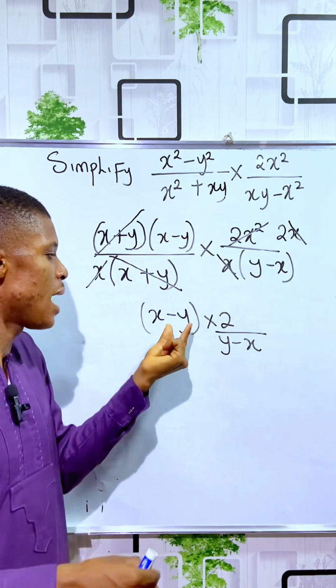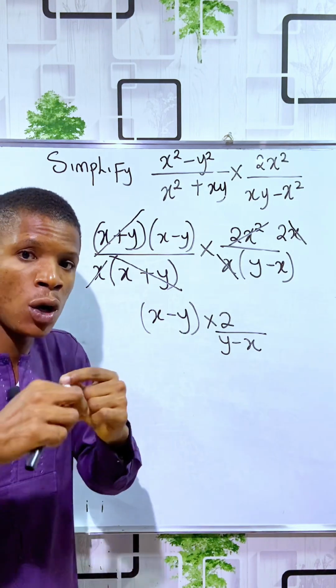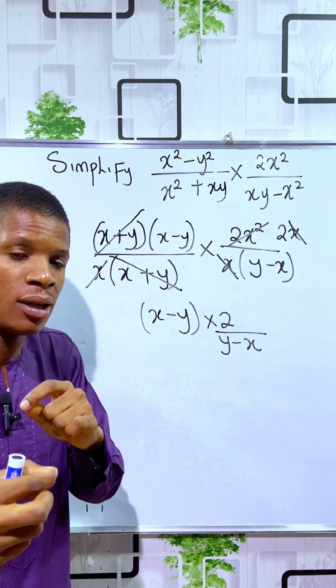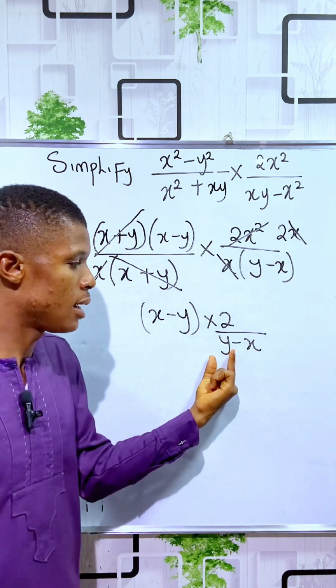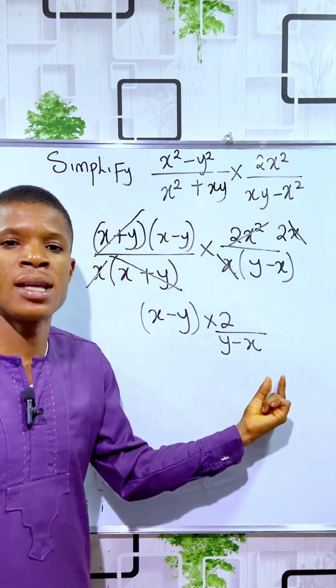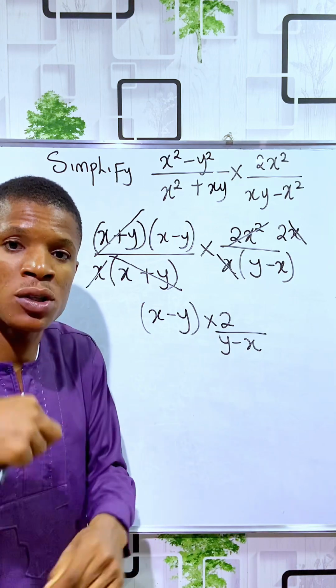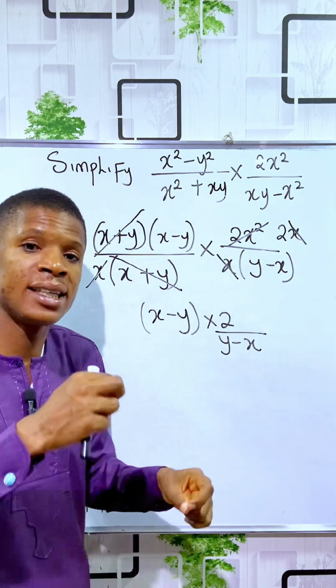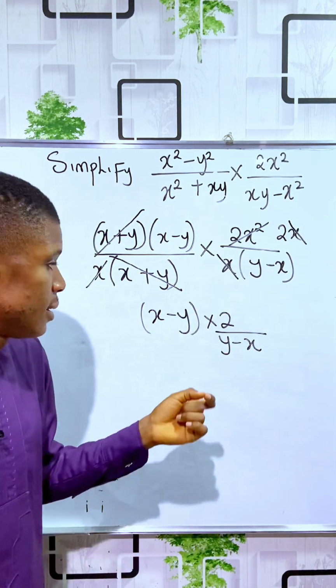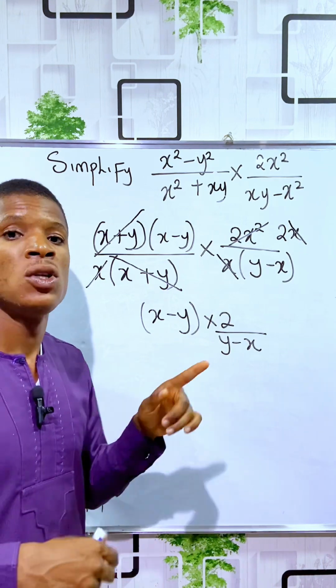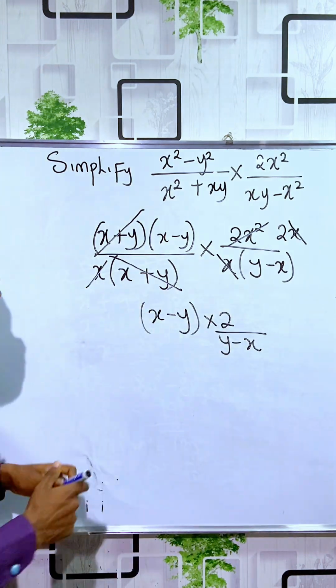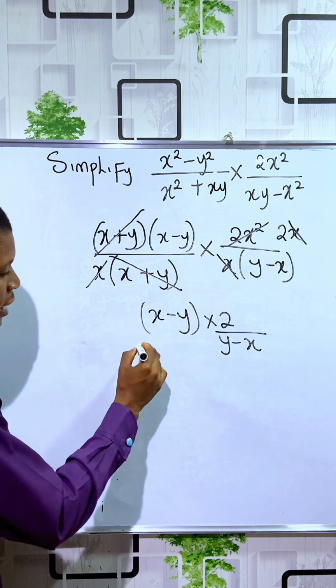If I decide to multiply this numerator by a -1, I can get y minus x. Or if I decide to multiply the denominator by a -1, I can as well get x minus y. So let me multiply this one by a -1 or factor out a -1.